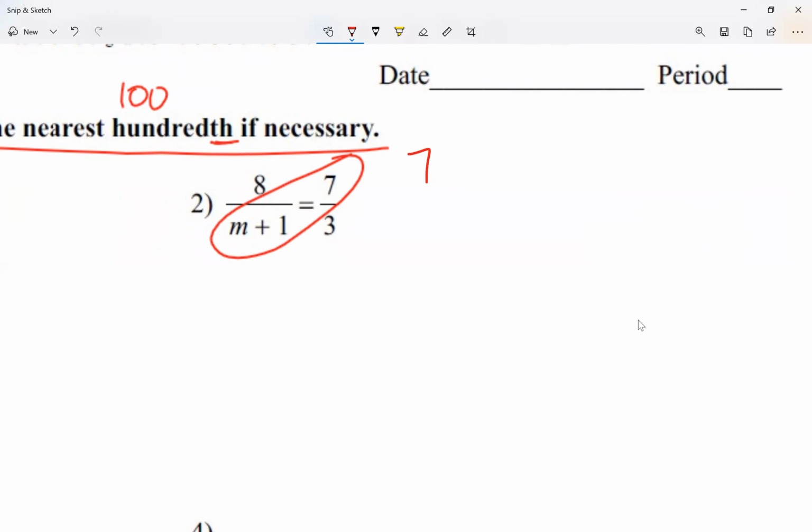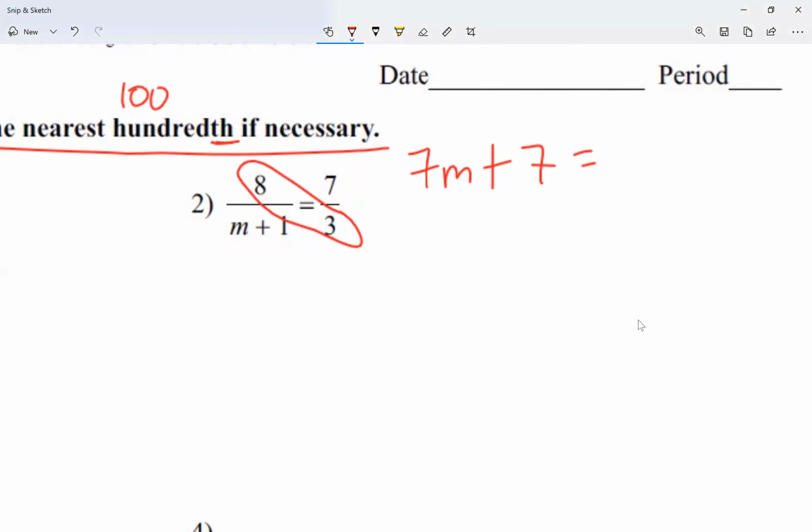So it's going to give me 7m plus 7. Again, notice I went 7 times m and 7 times 1, and obviously the plus in between. Okay, the other way, remember because it's cross multiplication, 8 times 3, I get 24. So then I get 7m plus 7 is equal to 24.